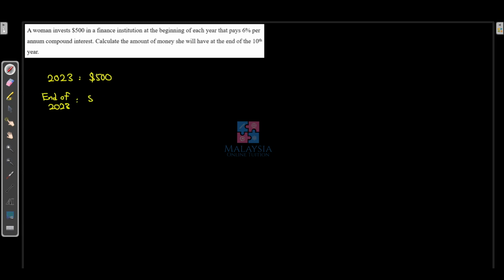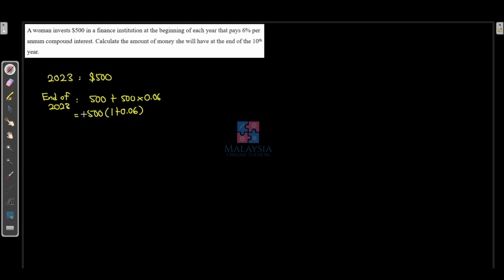So we can write 500 plus 0.06 times 500. Or another way for you to do this, the easier way, you can just write 500 plus 500 times 0.06. So you can say this is just 500 and then 1 plus 0.06. So you don't have to expand this, or find the value. You just have to look at the formula here.